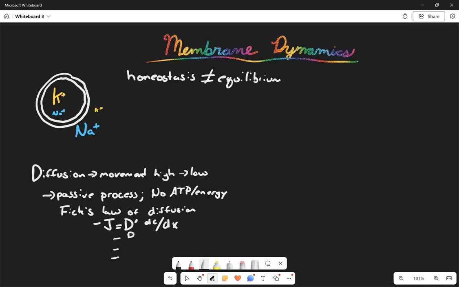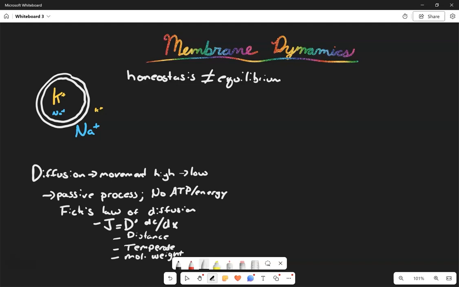It is dependent on distance, it's dependent on temperature, it's dependent on the molecular weight, okay? And it is dependent on the concentration gradient, or the energy gradient, if you will.